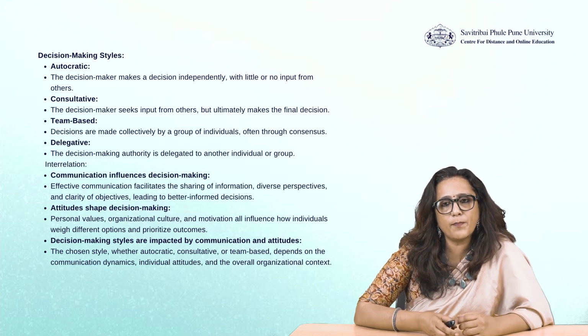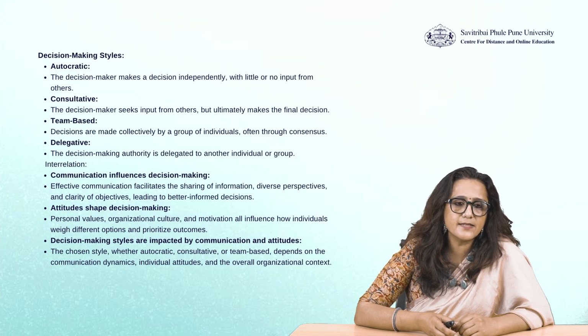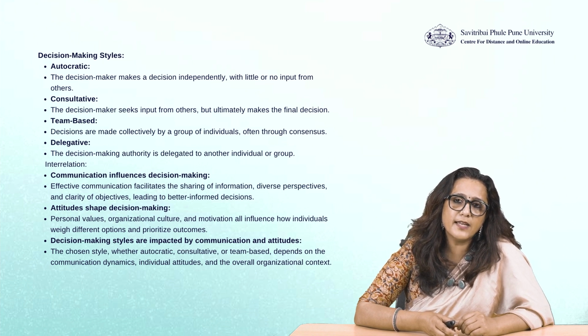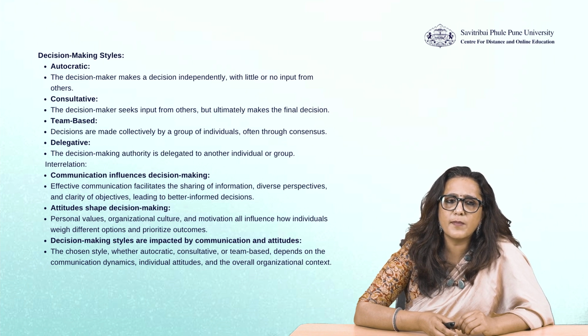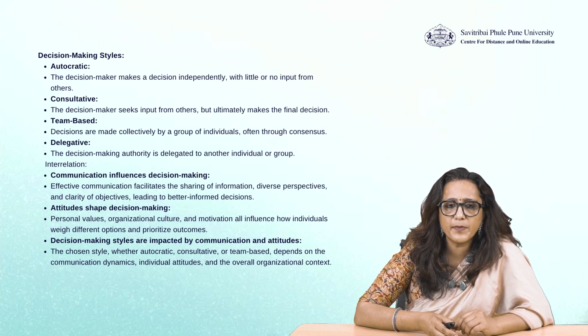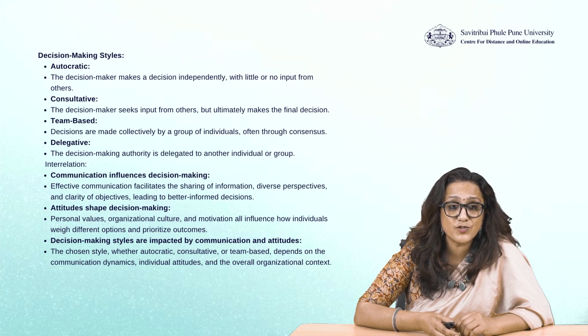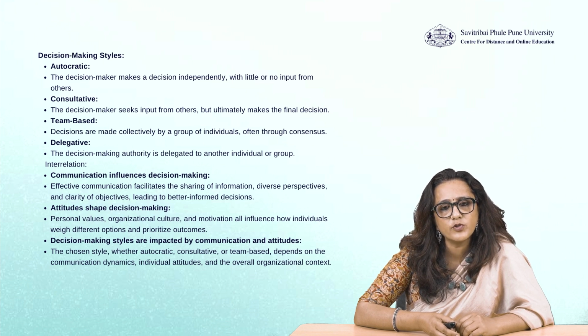The third subtopic we're going to talk about is decision making styles. Why should we understand them and how does it help in our communication? Autocratic decision makers make decisions independently with little or no input from others. Consultative decision makers take input from others but ultimately make the final decision. Team-based decisions are made collectively by a group of individuals, often through consensus.